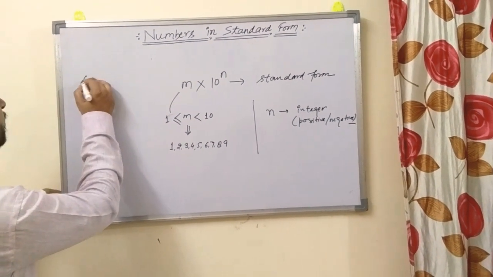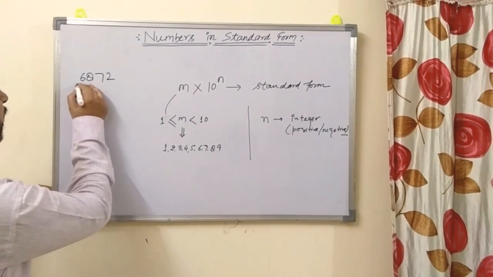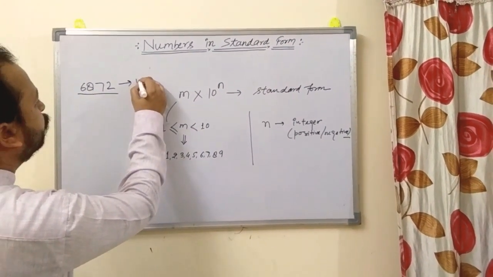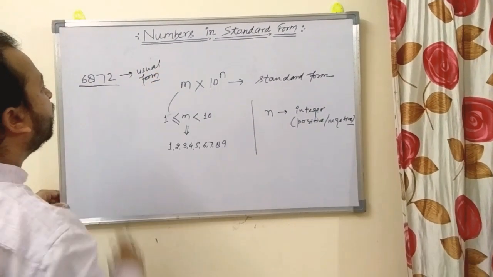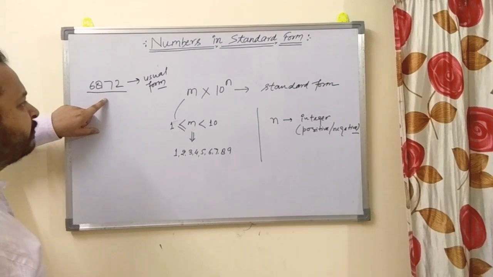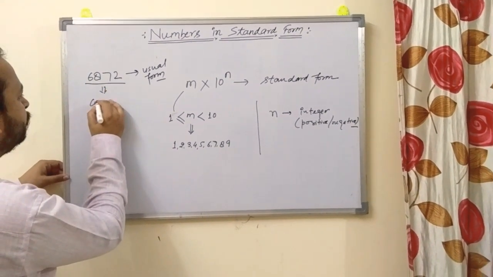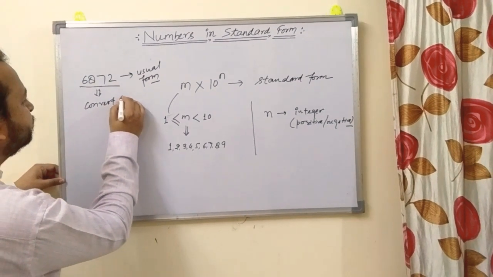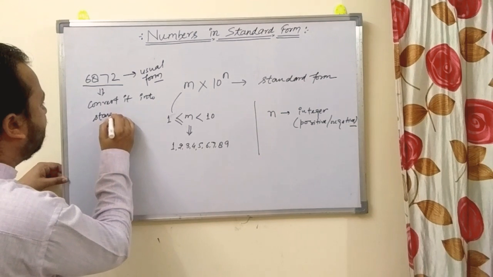Suppose a number is written as 6872, right? This form of number is known as usual form, and you have to convert it into standard form.